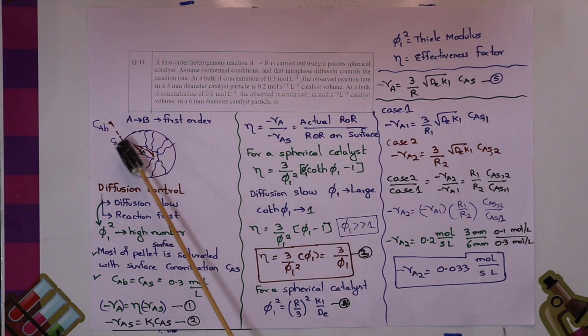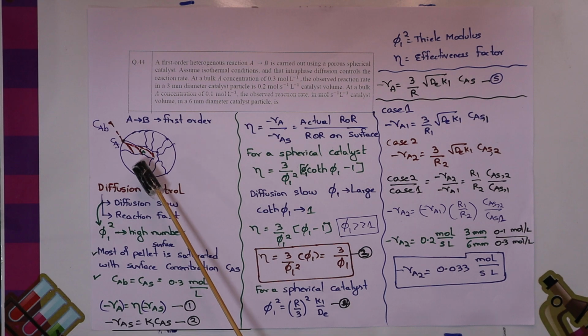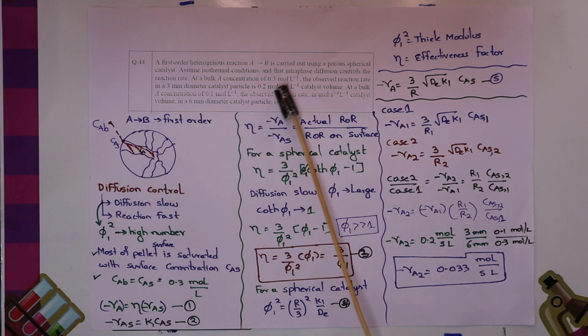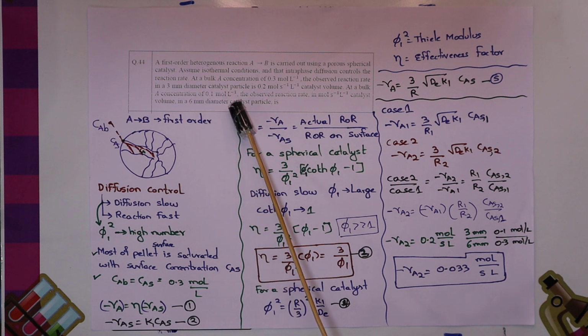That means for a given catalyst volume, the speed of the reaction is 0.2 mole per second per liter of catalyst. The bulk concentration of A is given as 0.1 mole per liter, that is, the concentration outside the catalyst is 0.1 mole per liter.